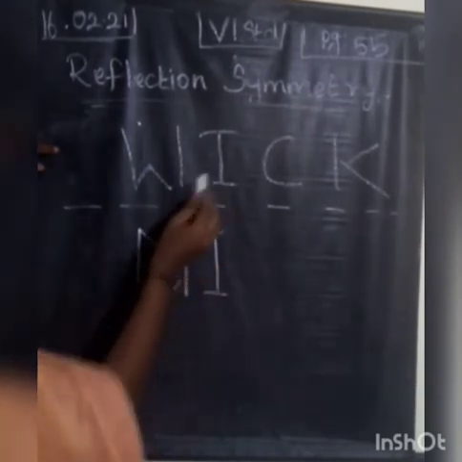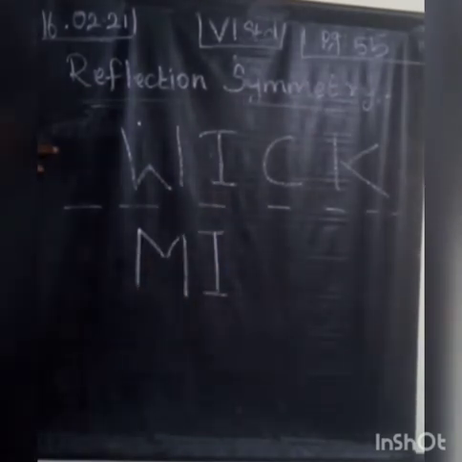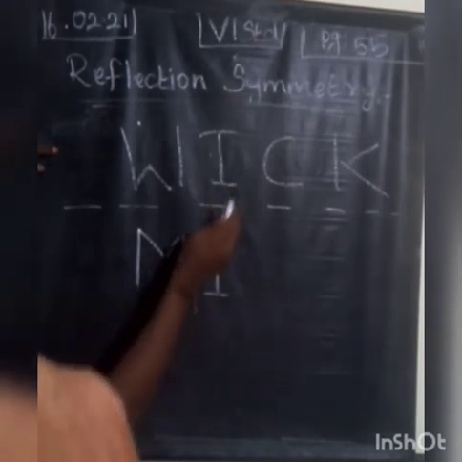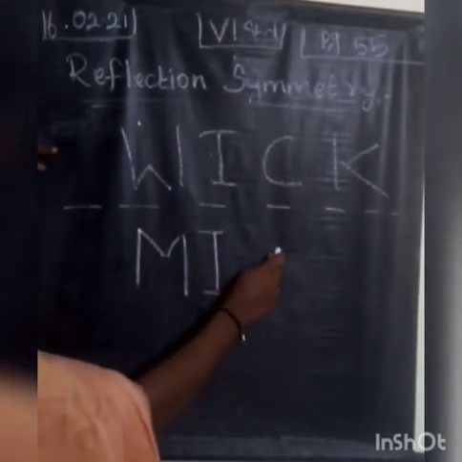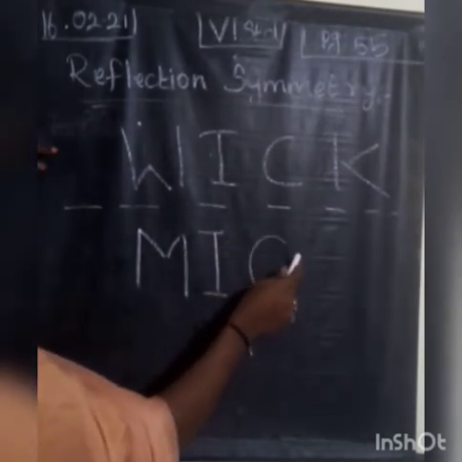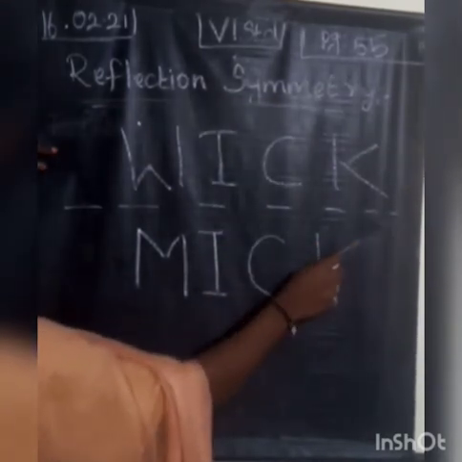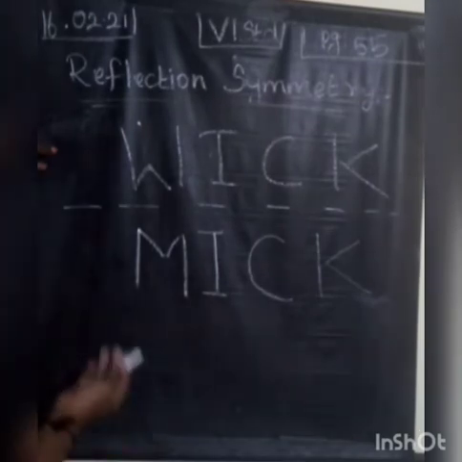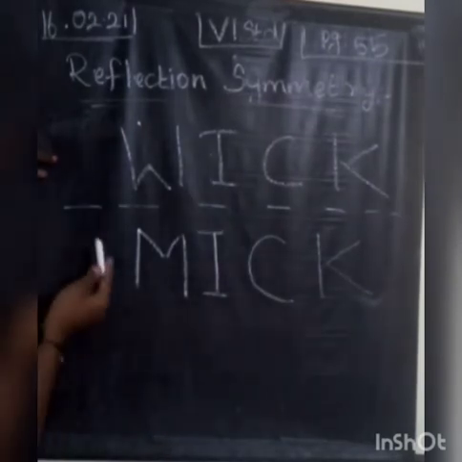I has a line of symmetry, so it doesn't change. And C, K, so we get the reflection of WICK.